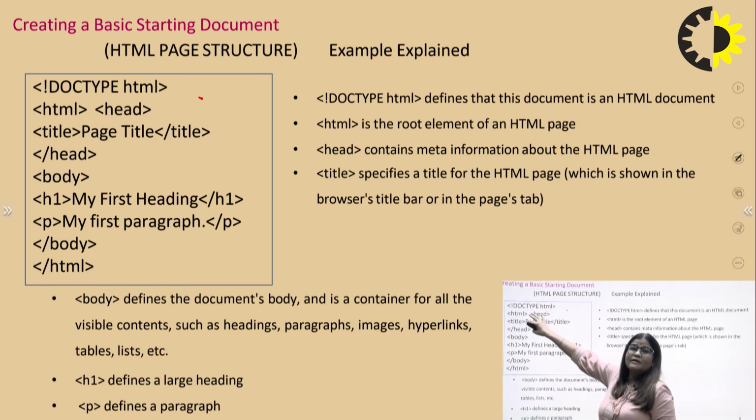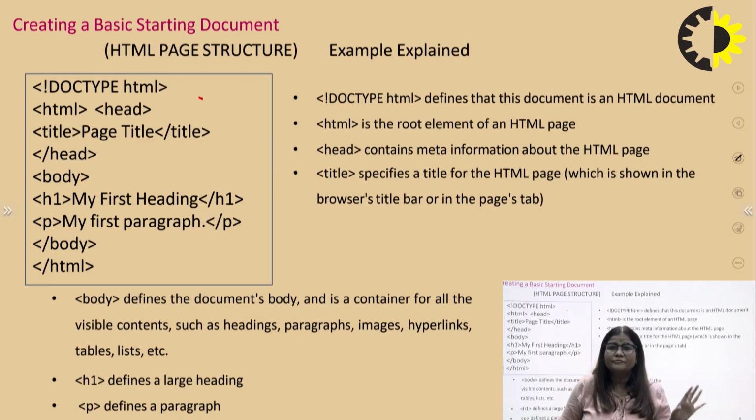It tells the browser that this is a doctype, and which type? This is an HTML type. We open it and we end it here, and between these we are going to write HTML programming that will be displayed on the web browser.